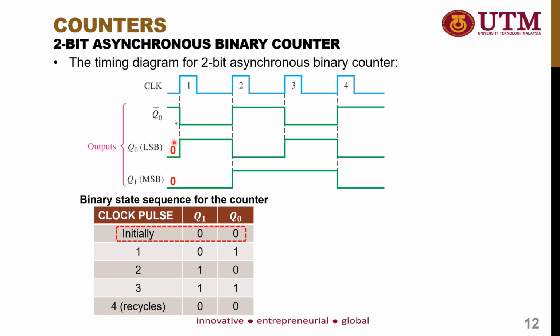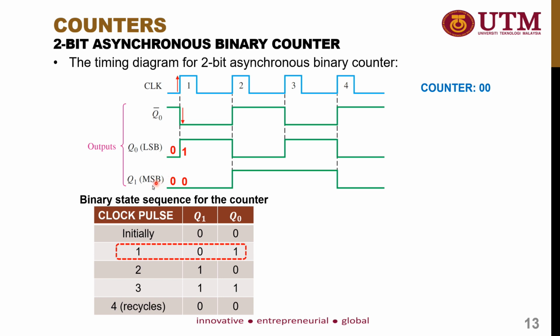At the first rising edge of the clock, you see here, the Q0 bar will change to 0, and the Q0 will change to 1, because when the active high asynchronous binary counter detects a rising edge, the output of Q0 will toggle. Therefore, because the previous output of Q0 is 0, the next output of Q0 is 1 when it detects the rising edge at the clock.